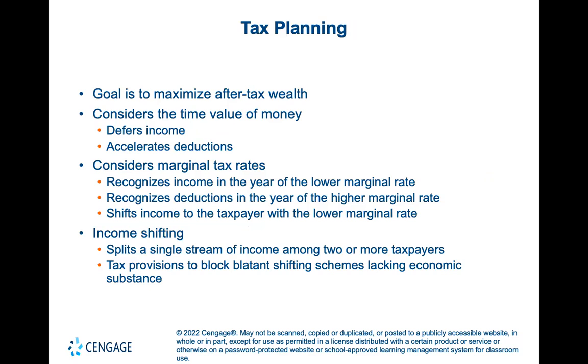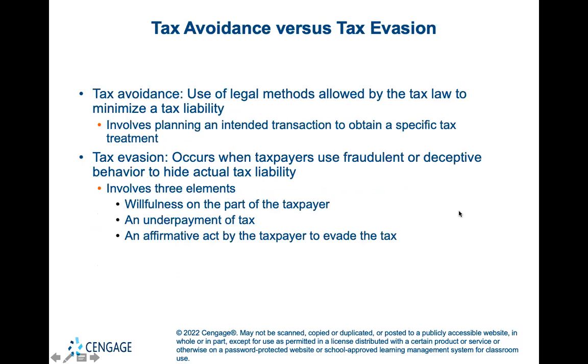Income shifting splits a single stream of income among two or more taxpayers. Tax provisions block blatant shifting schemes lacking economic substance. So these are things to look at. Usually financial planners help you with this, or accountants can help you with some of this as well. So there's definitely places you can put money. Like it says, you can defer income, and it takes a lot into consideration.